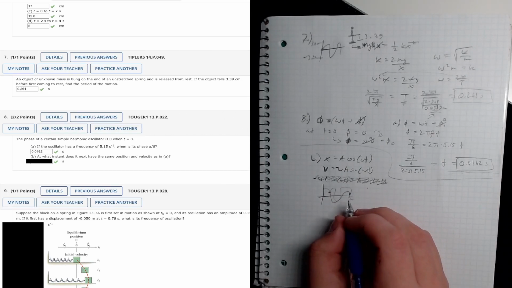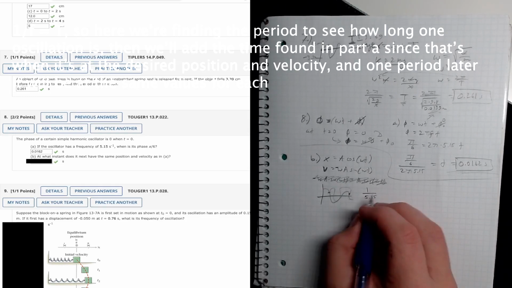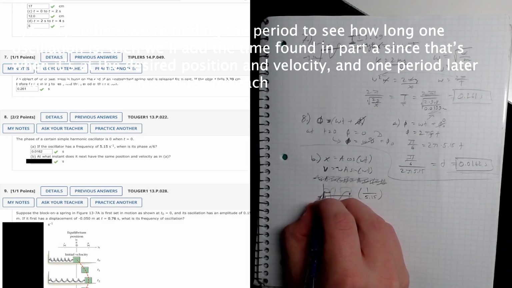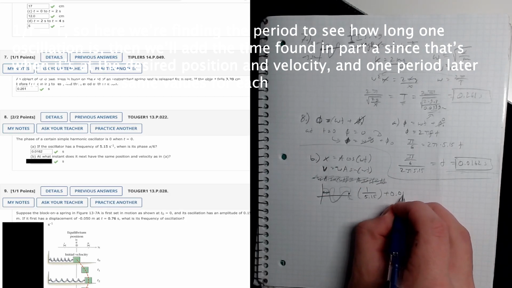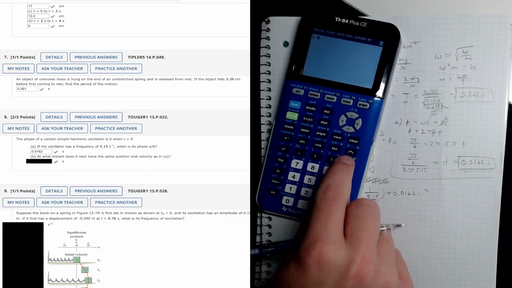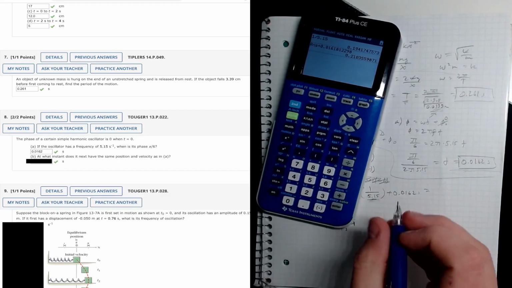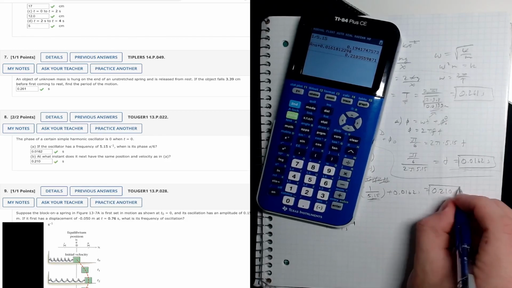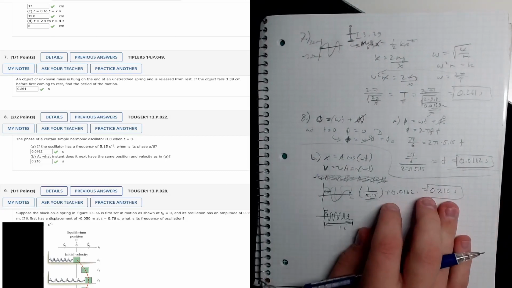We know the frequency, so it's going to be 1 divided by the frequency, plus the value we got in the first part. So it's going to be 1 divided by 5.15 plus the answer, which is 0.210 seconds. And that, guys, is going to be the answer to part B of number 8.